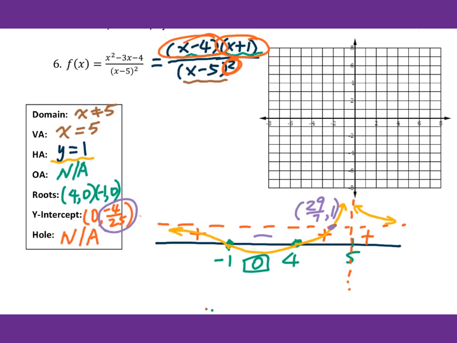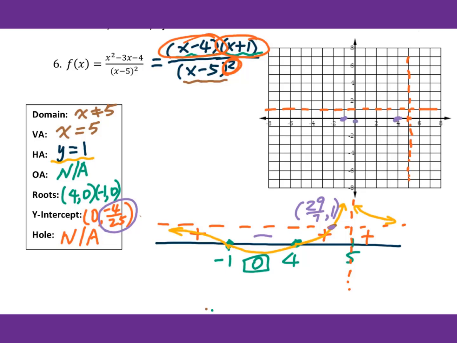Now we sketch the asymptote lines first. This is x equals 5, and y equals 1 like this. Then plot the intercepts. (4, 0) is here. (Negative 1, 0) is here. (0, negative 4/25) will be here.